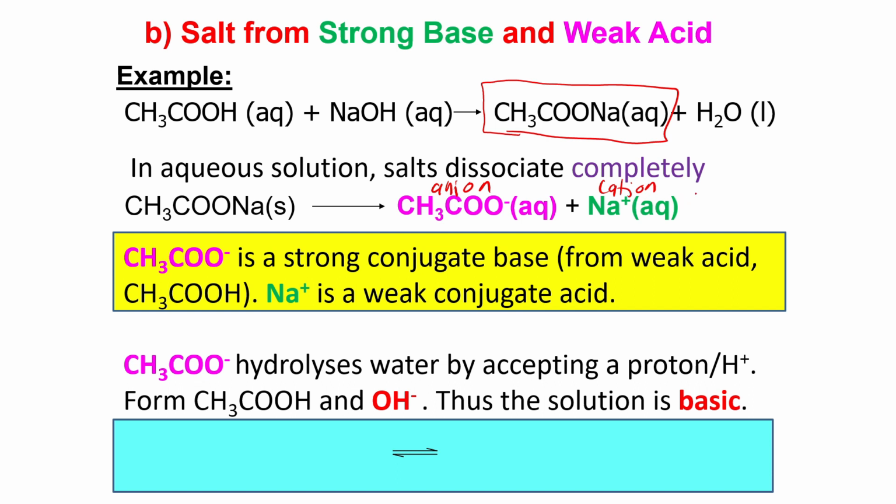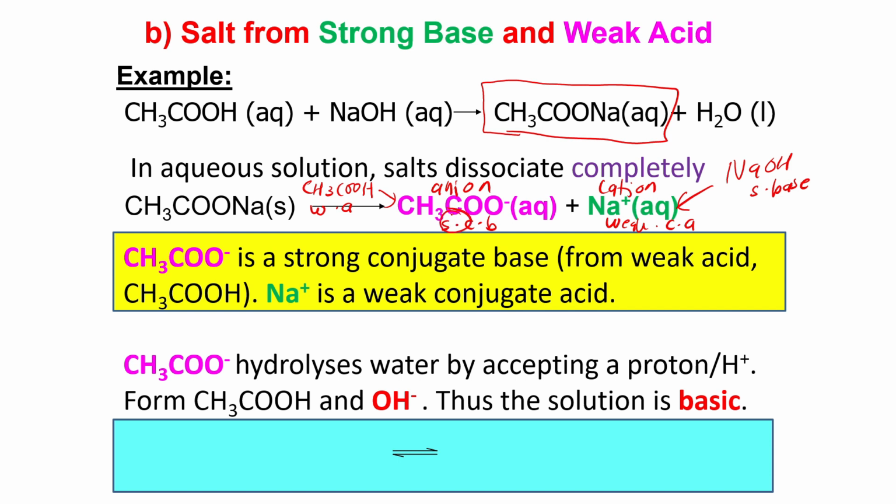Cation, okay, actually Na plus ni come from NaOH, strong base. So kalau dia strong base, dia akan hasilkan weak conjugate acid. So CH3COO- asalnya daripada ethanoic acid. So ethanoic acid ni ialah weak acid. Weak acid produce conjugate base. So kalau weak, dia akan hasilkan strong conjugate base.